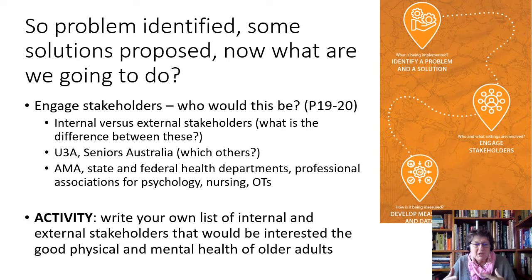So think about a list of internal and external stakeholders who are interested in the physical and mental health of older adults, because you might think, perhaps where we need to attack ageist stereotypes is in the workplace. And so we need to think about the delight of multi-generational teams and the strength of all of that sort of thing. So how could we do that? How could we confront those ageist stereotypes?